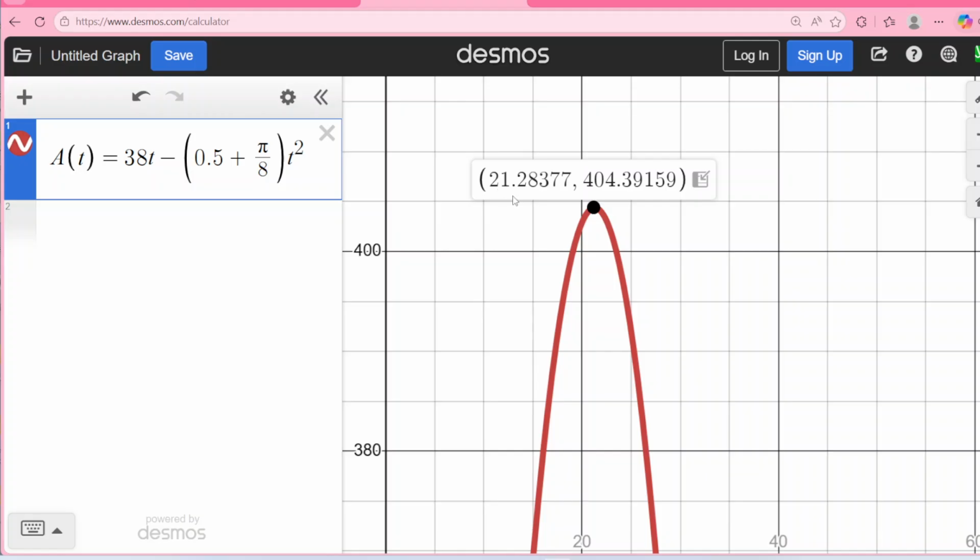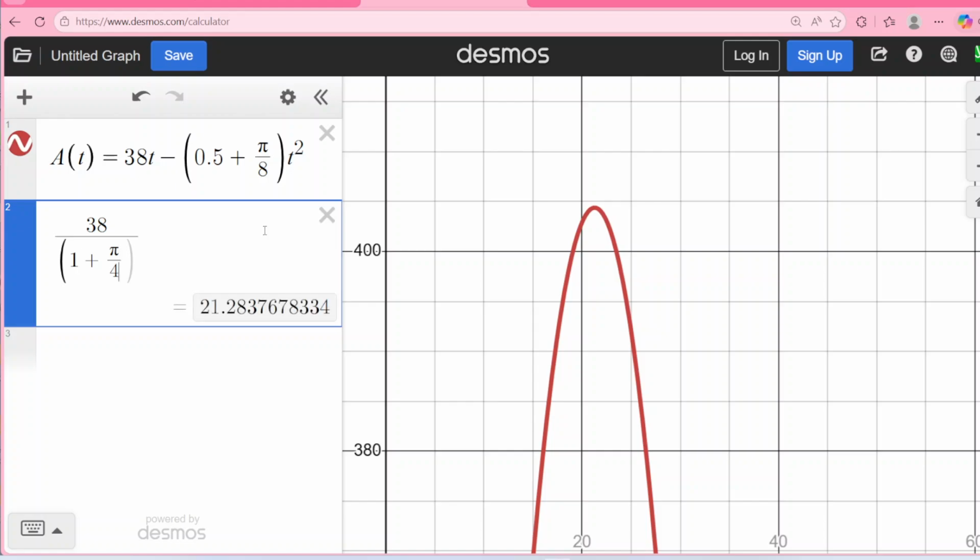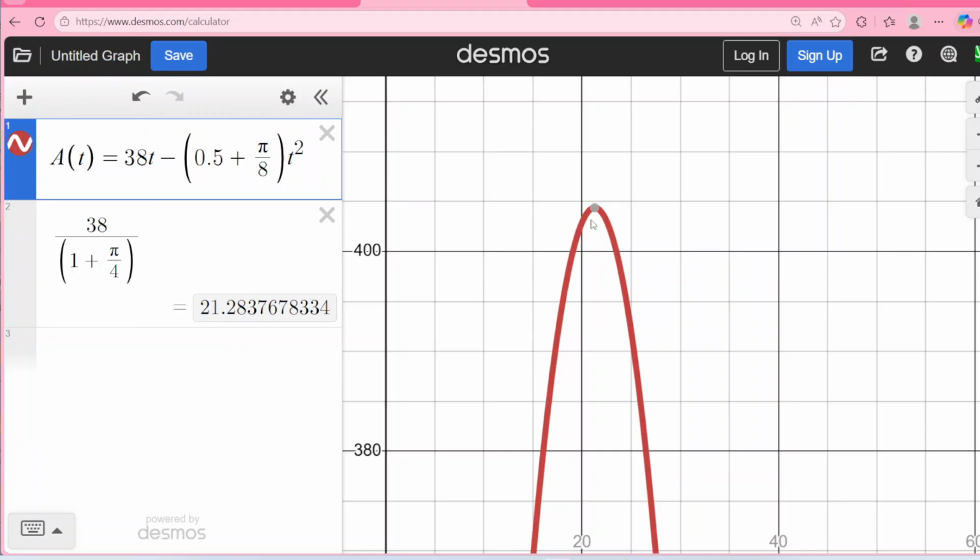Now look at the input here, 21.28377. Remember what we got after taking the derivative and setting it equal to 0 is 38 divided by this 1 plus pi over 4 value, 21.28377, right? See, 21.28377 rounded to 5 decimal places.